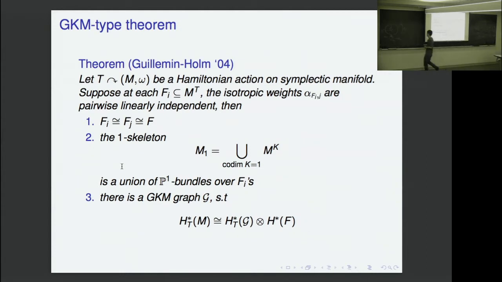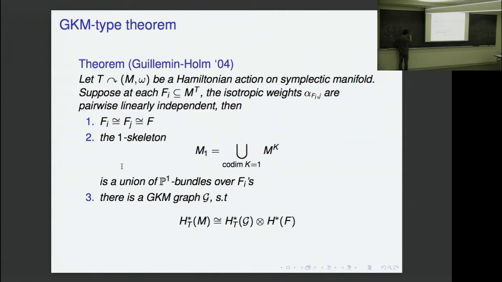What you can do is take every vertex to be a component, and since the one-skeleton is given by a union of P1 bundles, you take a south section represented by one vertex and a north section represented by another vertex.